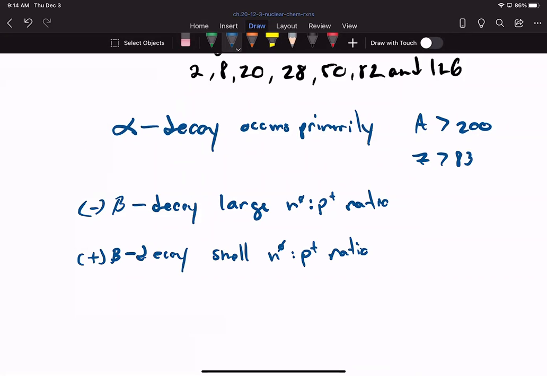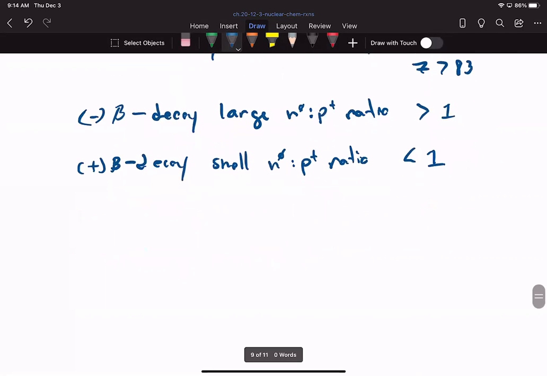We're going to use simply the number 1. Anything where this neutron to proton ratio is greater than 1 is going to be electron emission, beta decay, right? If it happens to be less than 1, we're going to do the positron emission, beta decay. So that's how we're going to be able to tell. There are some exceptions, this isn't written in stone, but for an exam, I would make sure that it falls in line with this ratio.